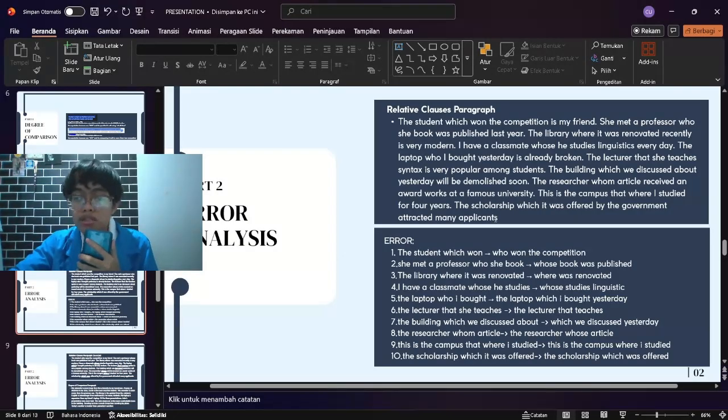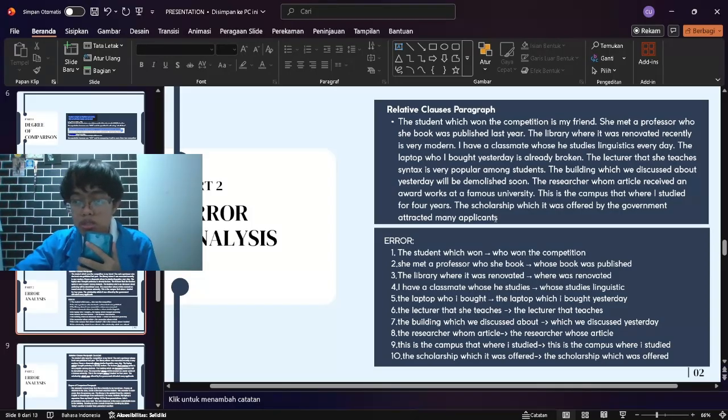The fifth one, "the laptop who I bought": change it to "the laptop which I bought," because it mentions an object, the laptop, not a person. It focuses on the object, so we use "which."